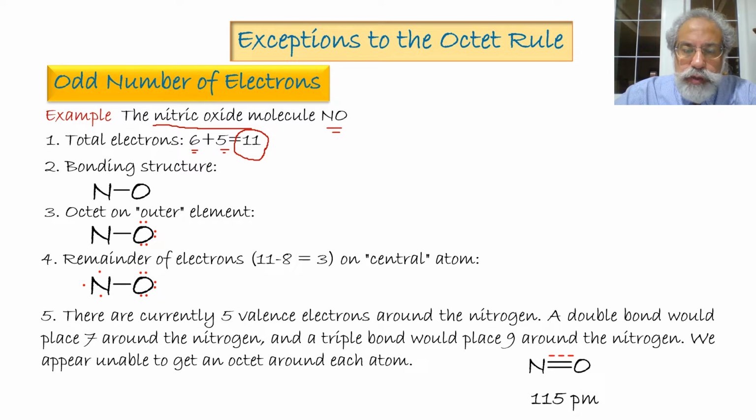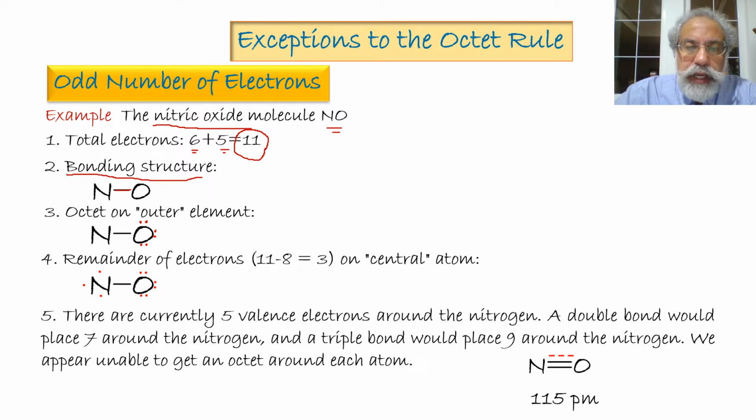As we used to, bonding structure, we write NO, then a single bond line between N and O. Step number 3, we give the octet first to the more electronegative element, so we give oxygen the rest, needed 6 electrons.